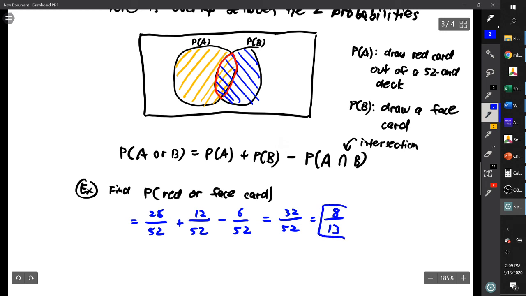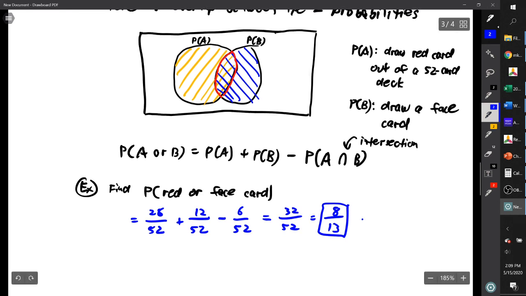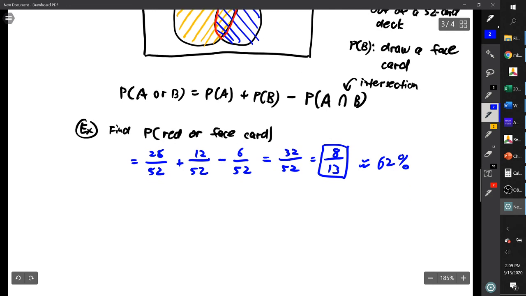So you have an 8 out of 13 chance of drawing either a red card or a face card out of the deck. What percentage is that? That is approximately 62%. Which makes sense, since the red cards are half of the deck and you're adding some additional face cards, so it would be greater than 50%.